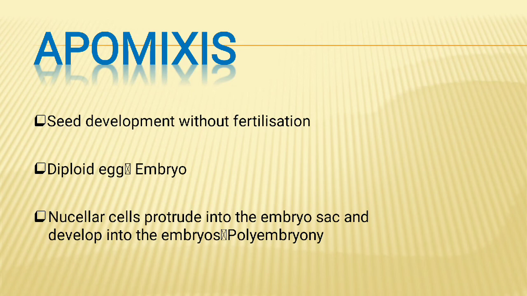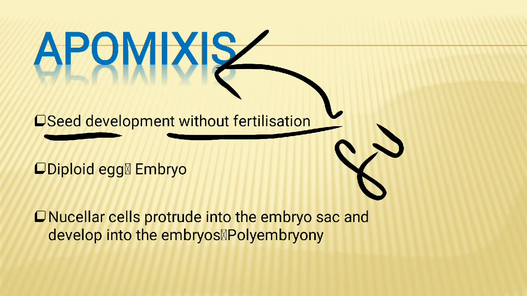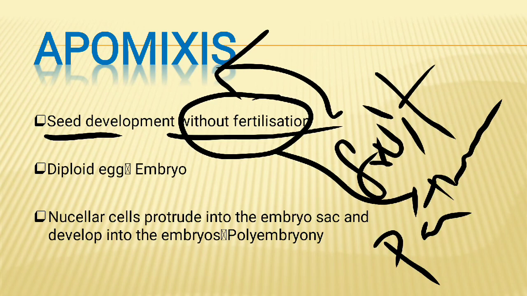Seed development without fertilization is referred to as apomixis. If fruit development is without fertilization, then it is called parthenocarpy.